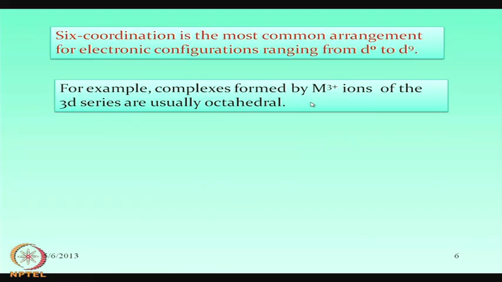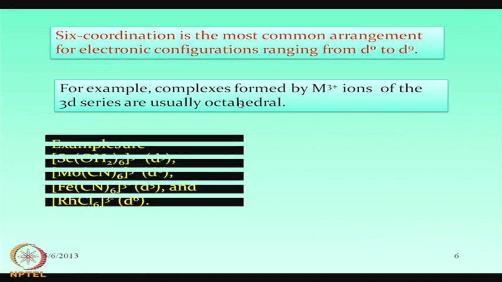Further examples: complexes of metal ions in the trivalent state in the 3d series are all usually octahedral. So, if we have iron in the trivalent state, or cobalt in the trivalent state, all will prefer a coordination number of 6 in octahedral geometry.